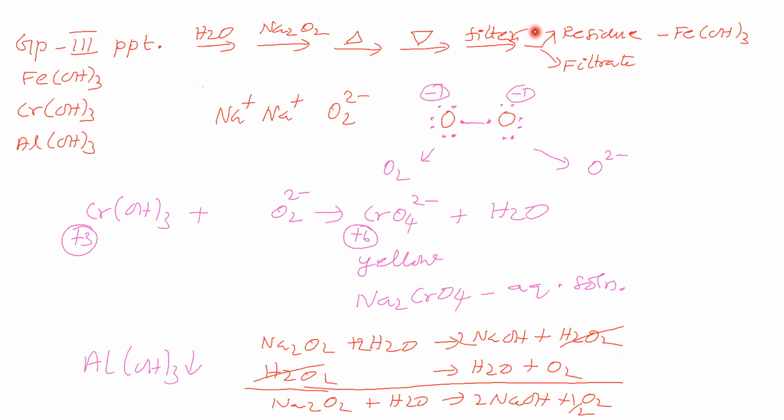Sodium chromate is yellow colored, and sodium metaaluminate is colorless. Sodium chromate is from the Cr(OH)3 green precipitate, and sodium metaaluminate is from the aluminum hydroxide gelatinous white precipitate.